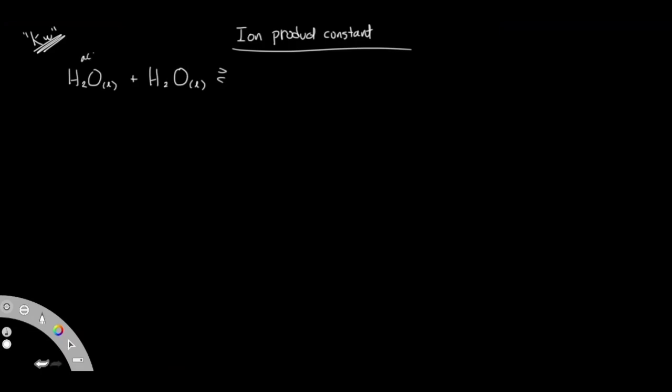So if we say this one here is the acid, this one here is the base, we can see on the product side that will be resulting in a hydroxide ion and a hydronium ion.